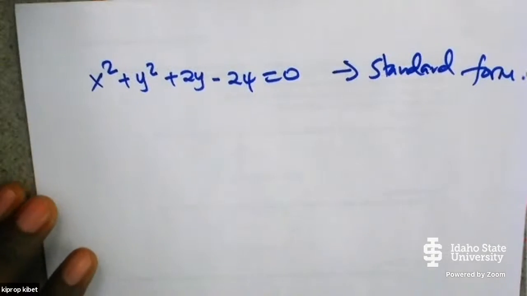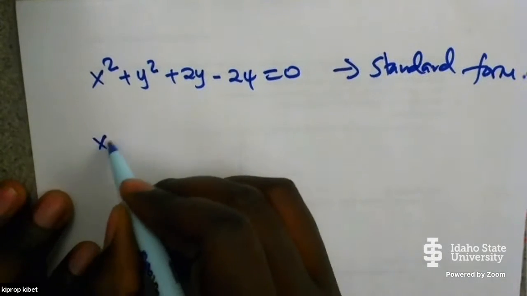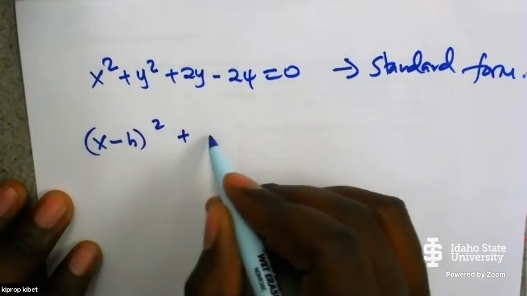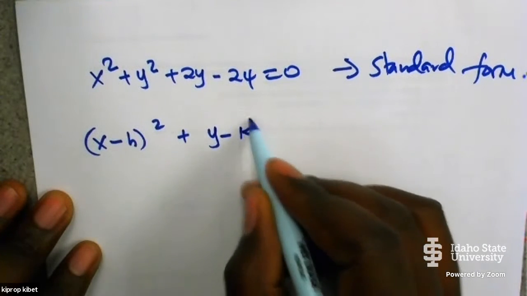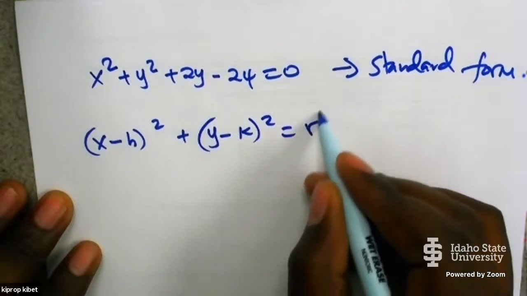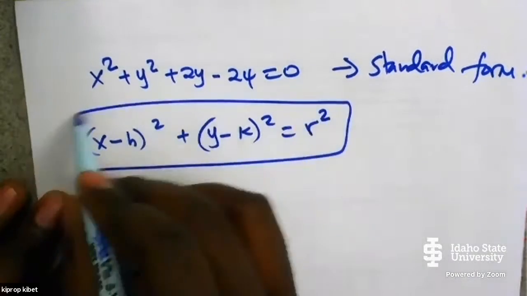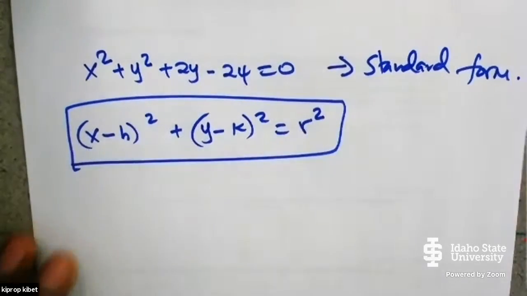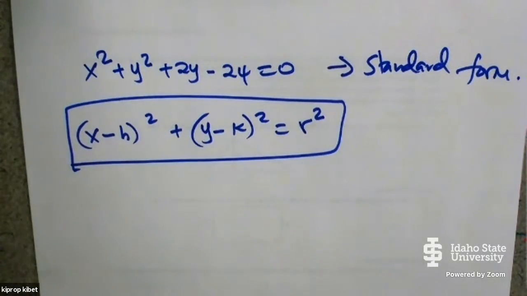We know our standard form is (x minus h) squared plus (y minus k) squared equals r squared. So we need to write this equation like this. How should we write it?